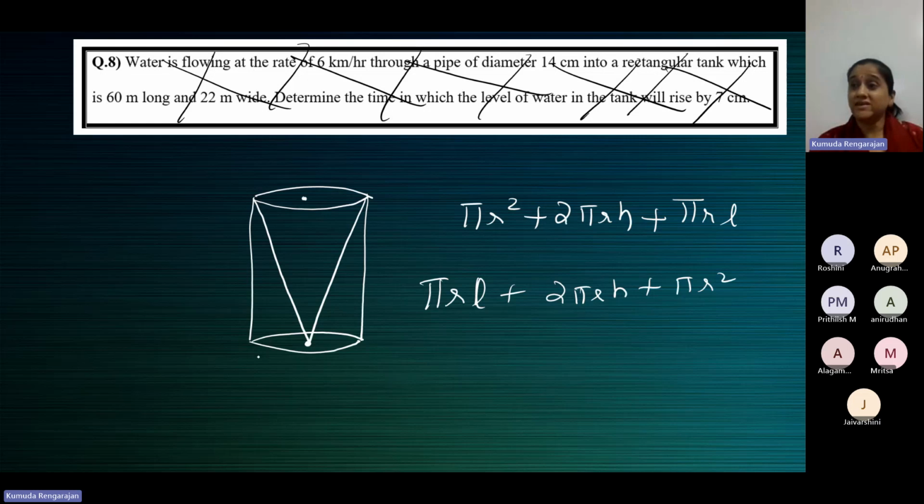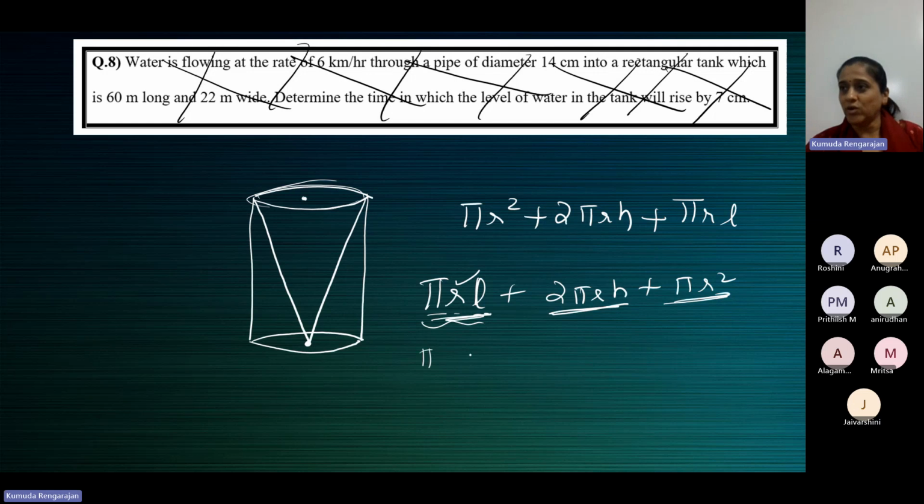See, now actually the area is increased. By removing the cone, the area is increased, because this is 2 pi RH plus pi R square, and here this one is pi RL, which will be more than pi R square.